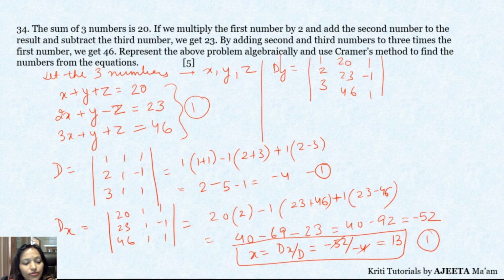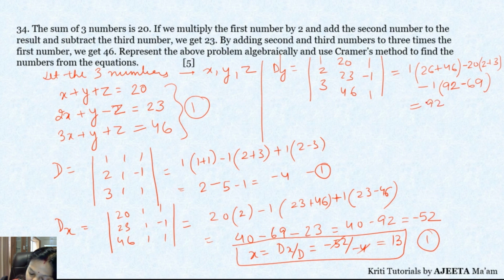Now let's calculate the value of dy. So now let's move it. 1, 23 plus 46 minus 20, 2 plus 3 minus 1, 46 into 2. So we get here 96, 2 and minus 69. Okay, so this is what we get. And on calculation, what do we get here?